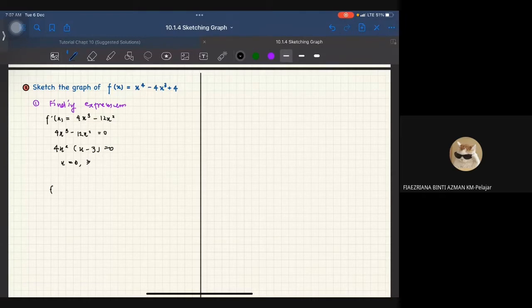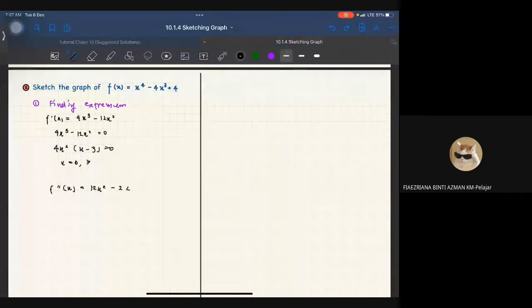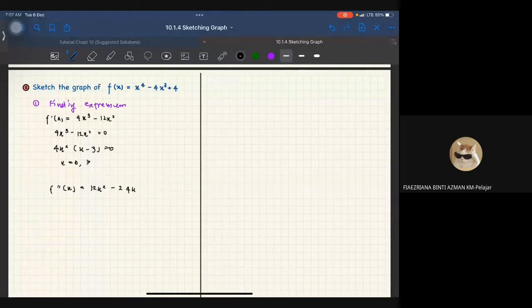Okay, so second derivative maksudnya terus carilah. Kita ada f double prime x, okay, which is equals to 12x squared minus dengan 24x. Oh, saya tahu kenapa. Okay, kejap. I just remember why I choose to use first derivative.